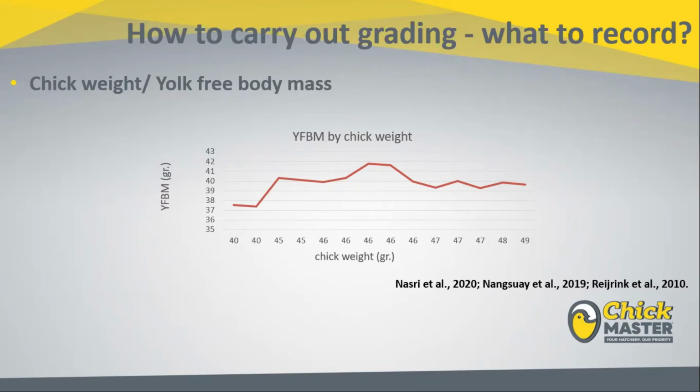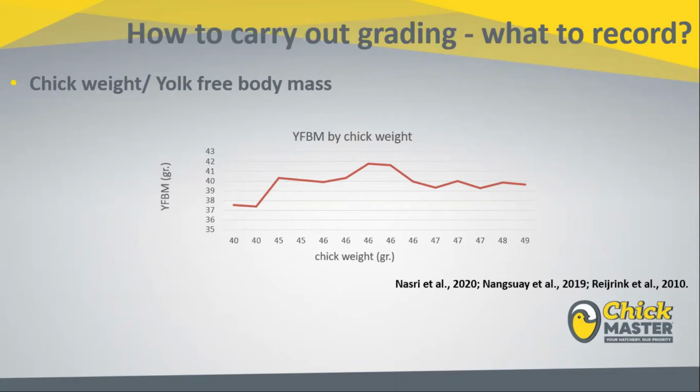It's composed of the carcass weight and the yolk weight. Of course, an increase of the chick weight can correspond to an increase of carcass weight, but it can also be a result of an increase of the yolk weight, so a non-full absorption of the yolk.